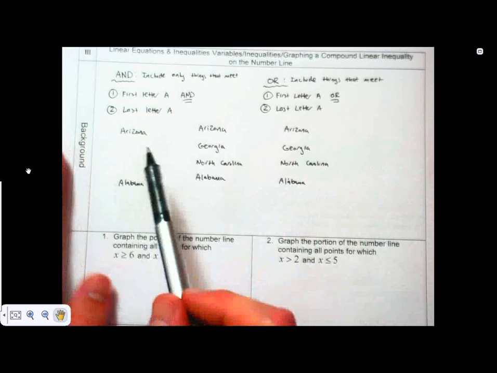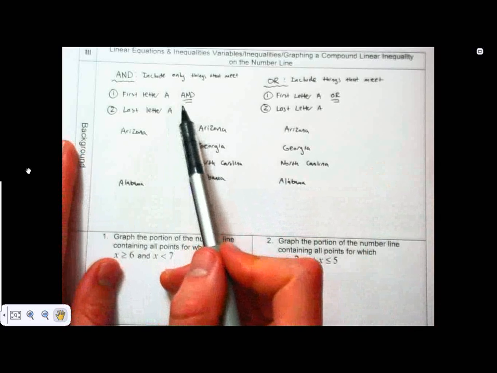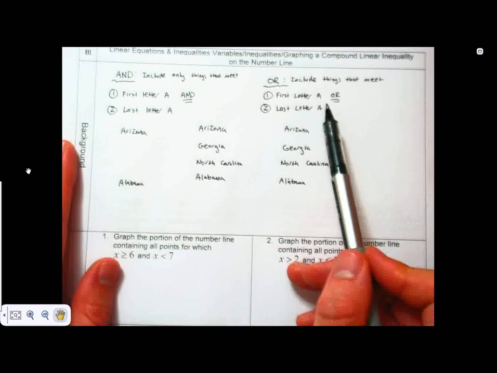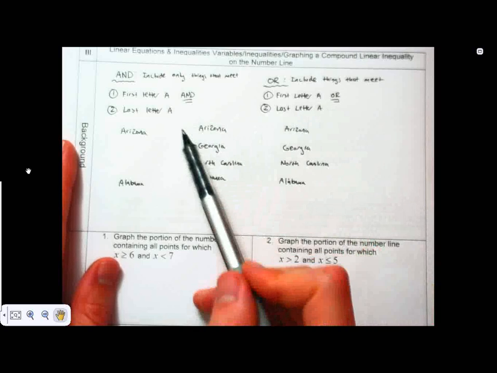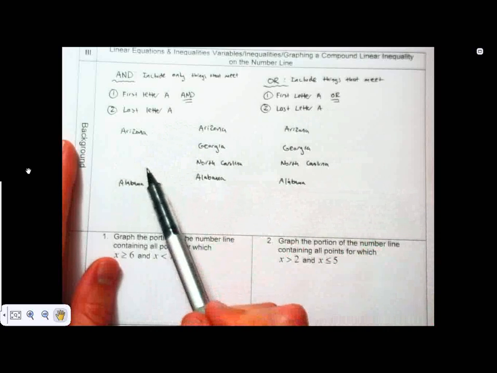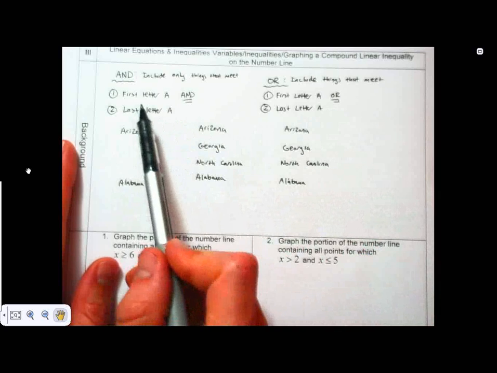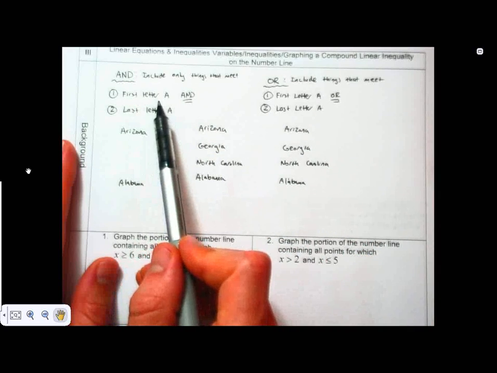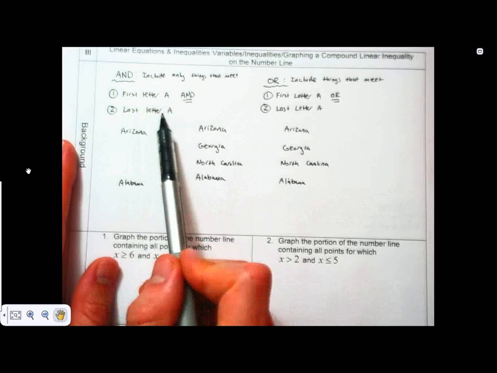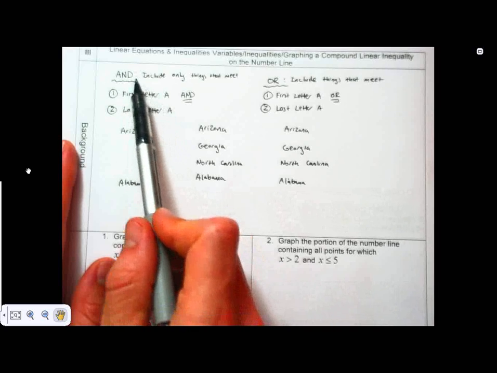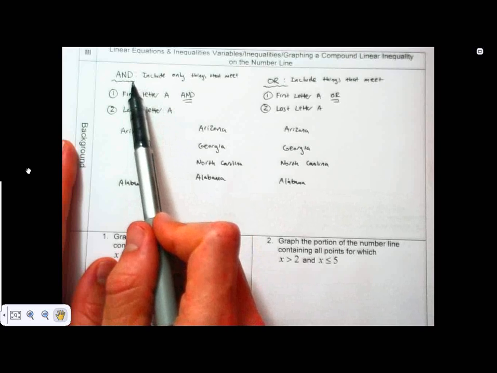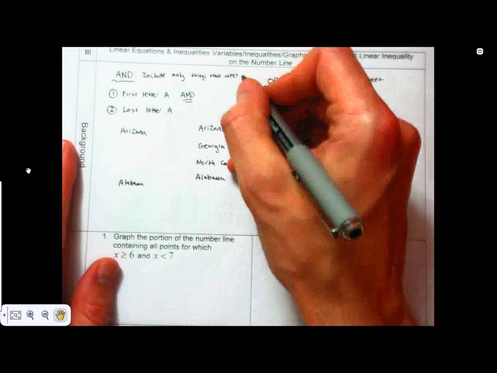So if you think about it, "and" is a lot more exclusive than "or" is. In order to belong to the "and" set, the states had to meet two conditions. They had to first have their first letter as an A, and then they also had to have their last letter as an A. So in mathematics, the word "and" means we're including only things that meet both conditions.